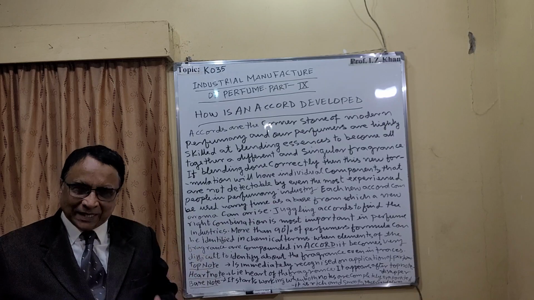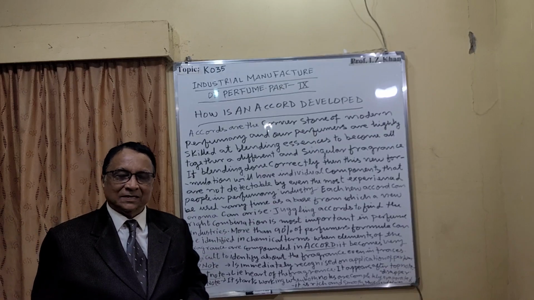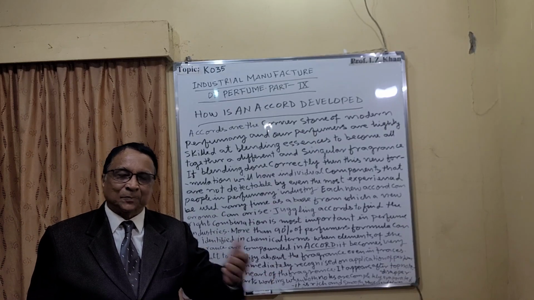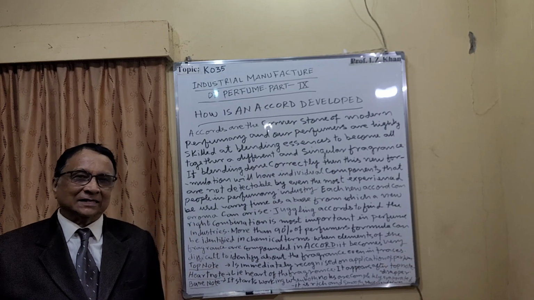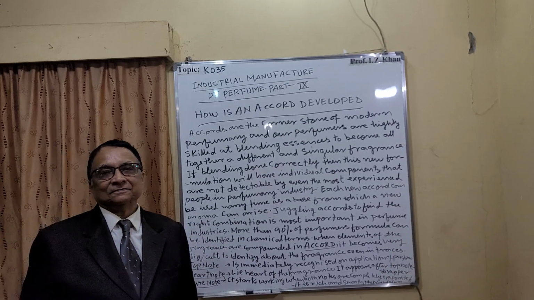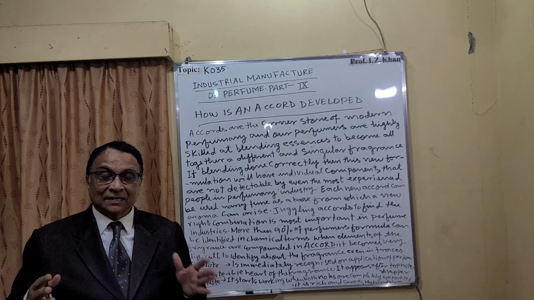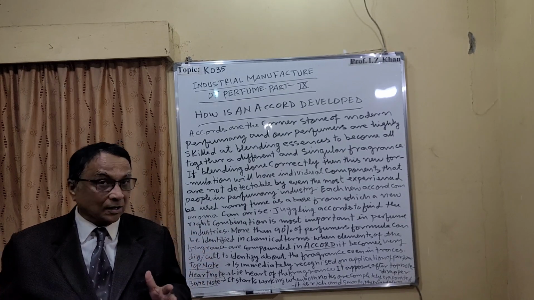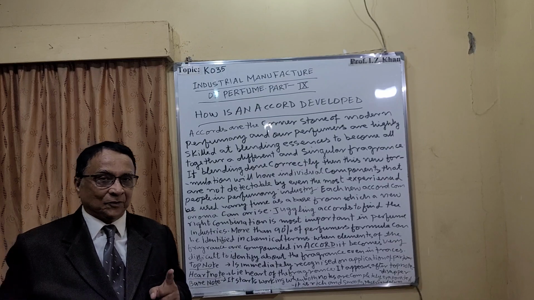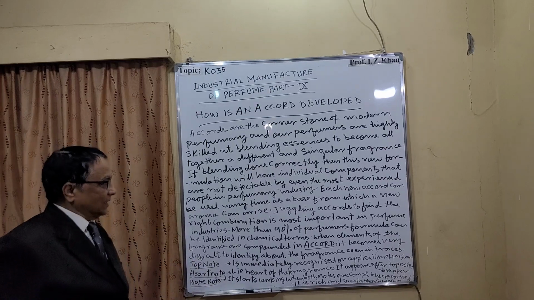Even the very experienced chemist, those who are expert in the fragrance industry, they cannot identify, and that will be your brand. So that is the beauty of the accord or blending of the perfume to get the unique fragrance.